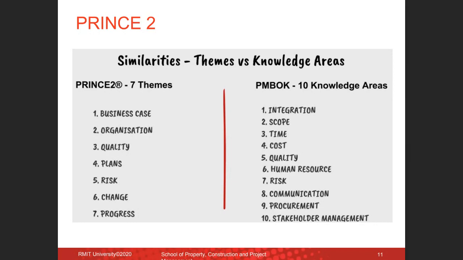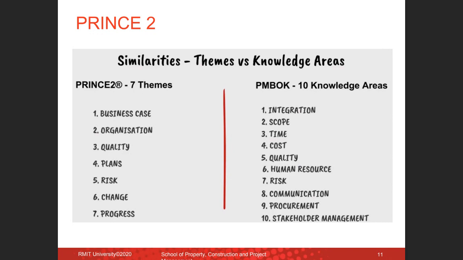You need to plan, so you know the plans, which is quite similar to PMBOK as well, because you have to know pretty much how to plan every single element. You also have to think about risk as a theme for Prince2, and there is risk as a knowledge area for PMBOK. Change management, in case there is change control, which is part of the risk as well for PMBOK. And you have to know the progress of your projects.